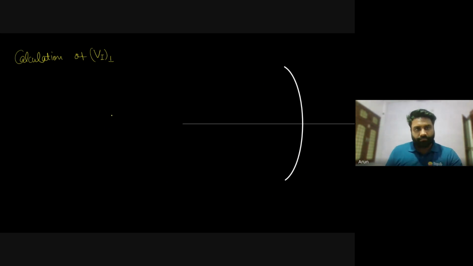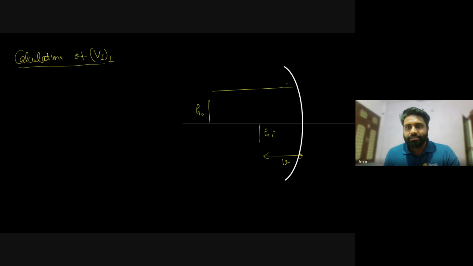So again, this is the height of object, this is the height of image. The distance is V, and this distance is termed as U. So what components of velocity do we have? VO perpendicular, VO parallel.